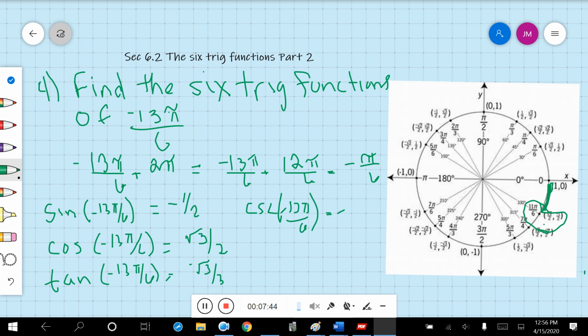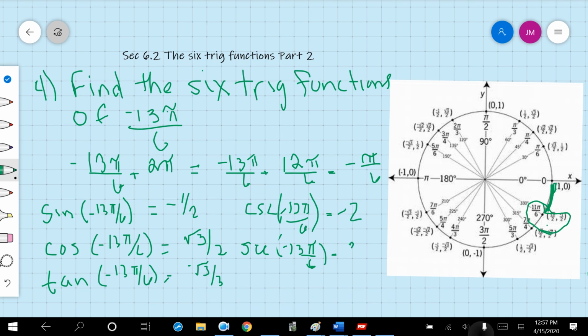So now to find the other 3, the cosecant of negative 13 pi over 6 is just the reciprocal of the sine, so it's negative 2. The secant of negative 13 pi over 6, that's getting really messy, is the reciprocal of the cosine.